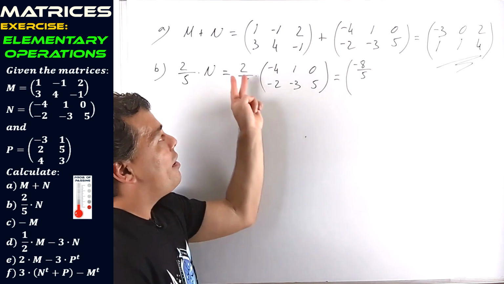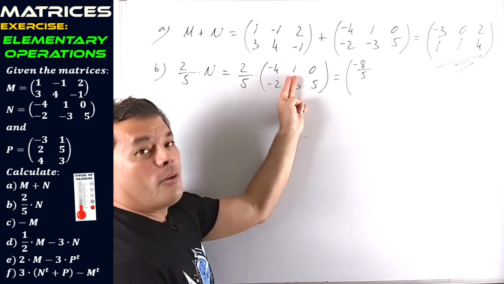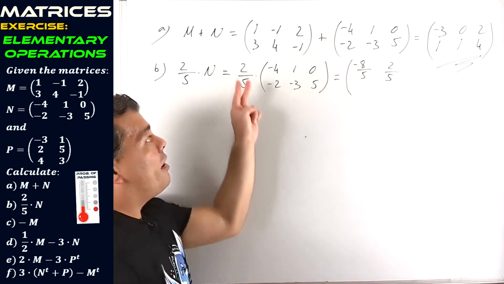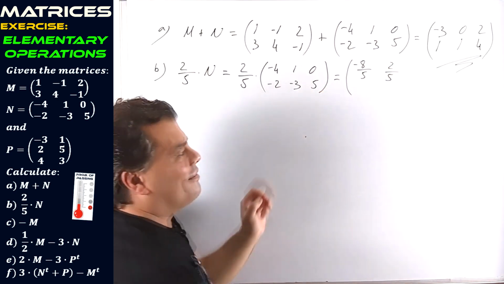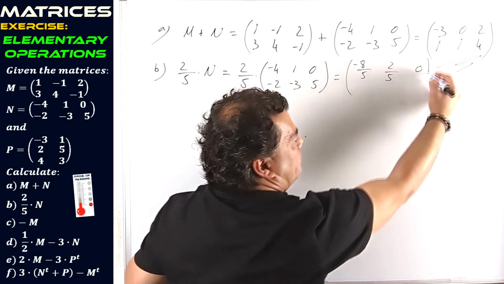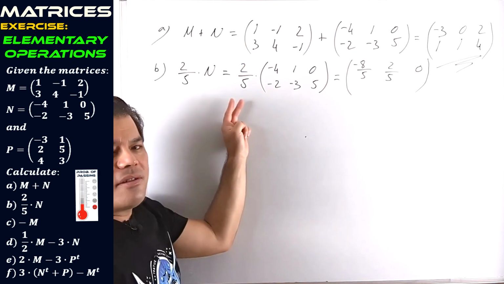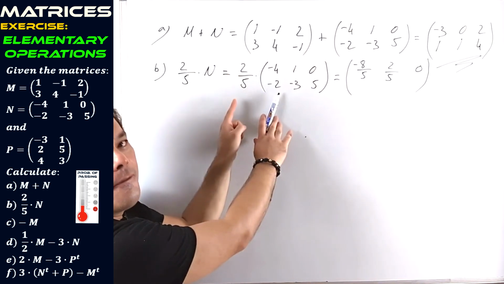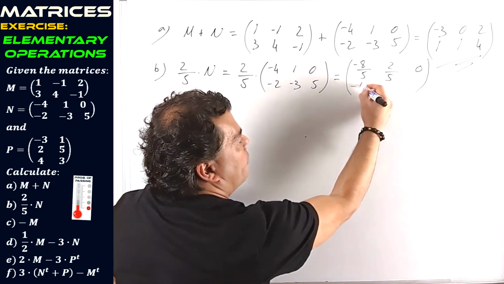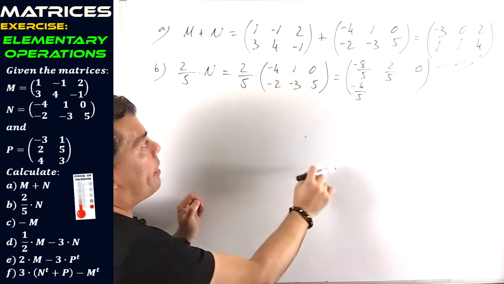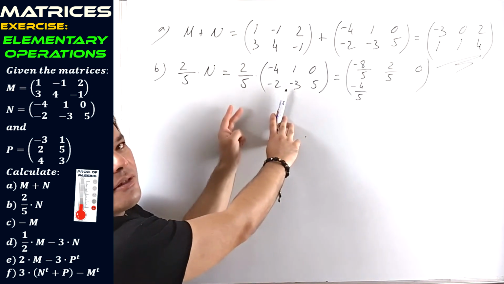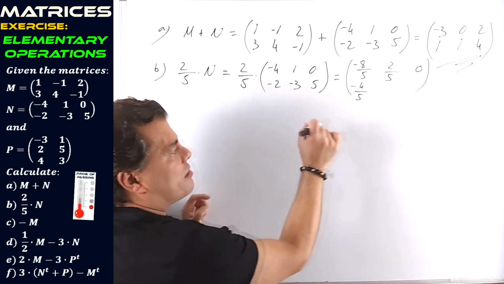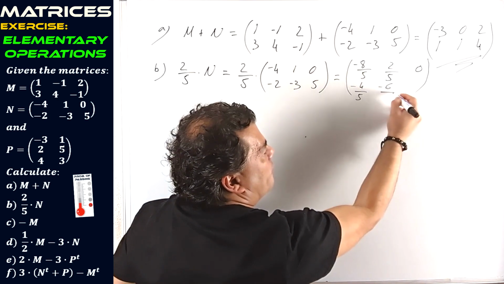Second, 2/5 multiplying 1 is 2/5. 2/5 times 0, 0. 2/5 multiplying -2 will be -4 fifths. 2/5 times -3 will be -6 fifths.